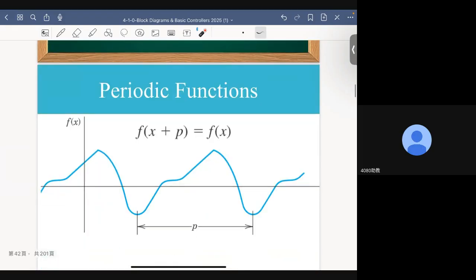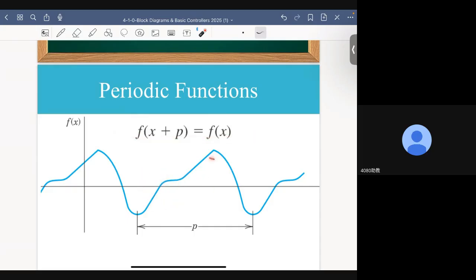Now, the Fourier series. Let's first set up the stage. The first thing we want to emphasize is that the Fourier series was originally designed to represent periodical signals or periodical functions. What is a periodical function? Any function, no matter what the morphology of its waveform is, as long as it satisfies this equality for every x, is a periodical signal.